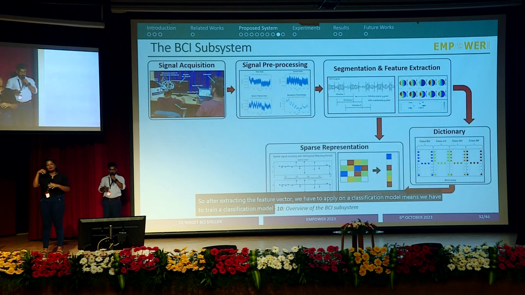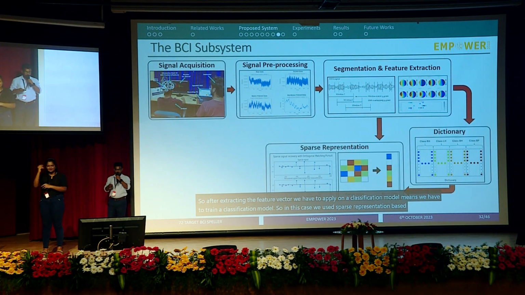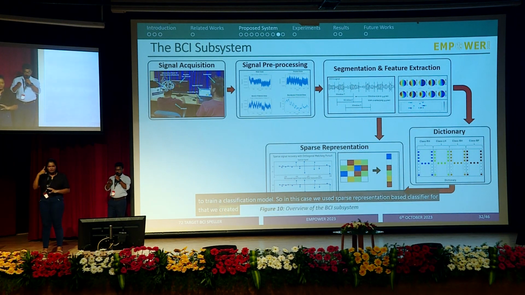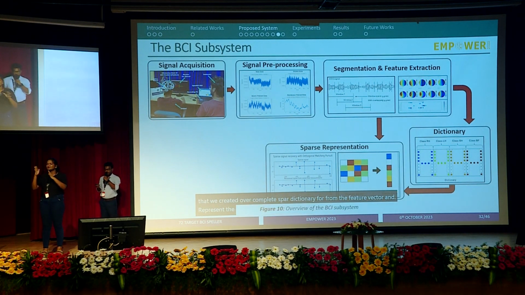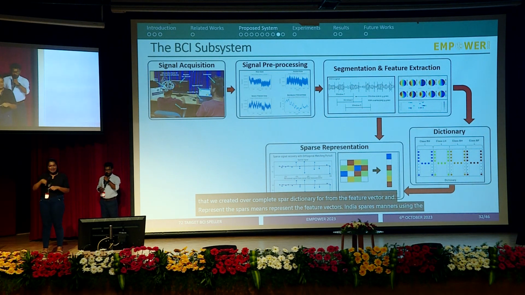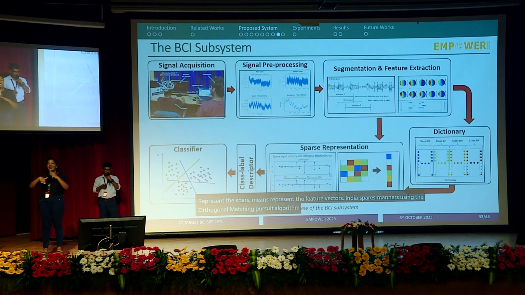In this case, we used a sparse representation based classifier. For that, we created an overcomplete sparse dictionary from the feature vectors and represented them in a sparse manner using the orthogonal matching pursuit algorithm. After that, a simple class level descriptor is applied to build the classification model.